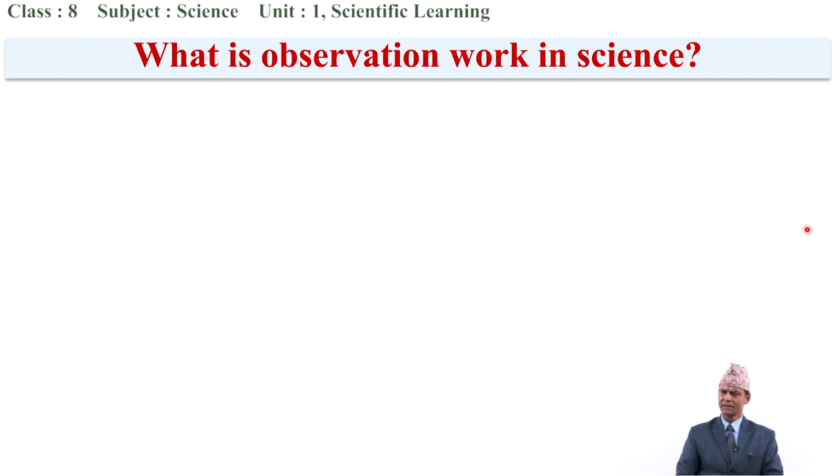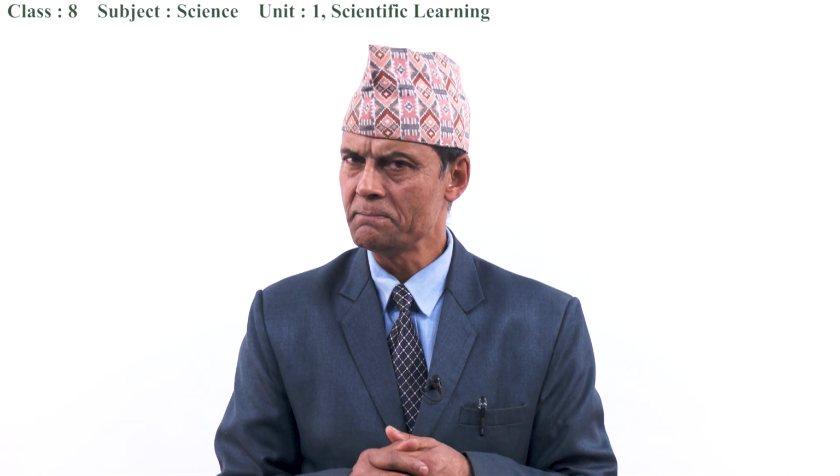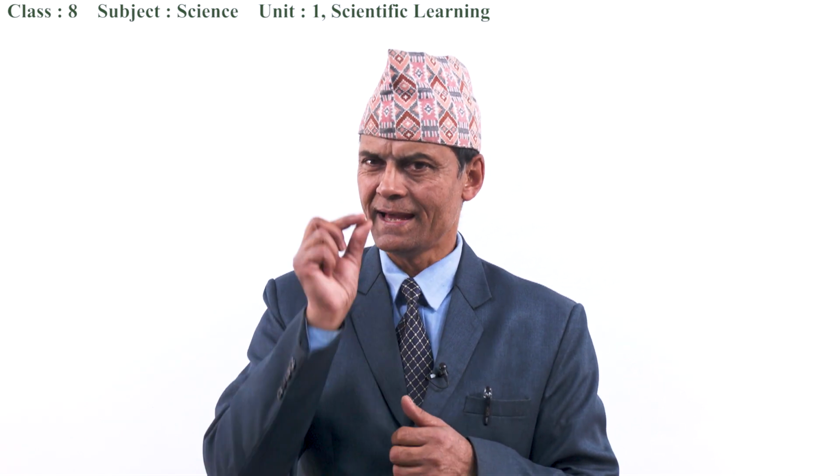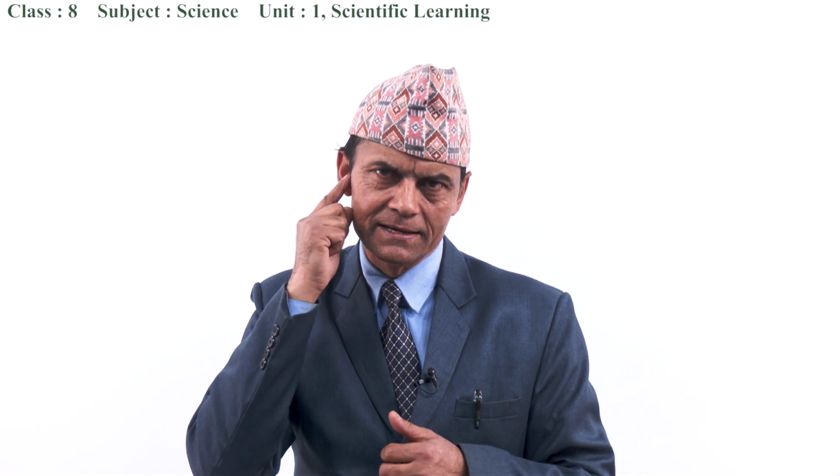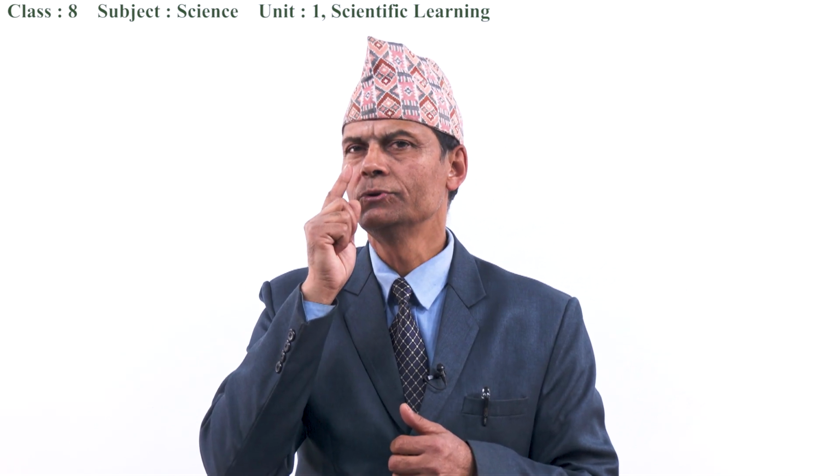Dear students, now what is observation work in science? Do you remember what is observation work? By which organ or by which part of the body do we perform observation? Remember once? Yes, I am observing through eyes. I am listening through ears. I am smelling through nose.